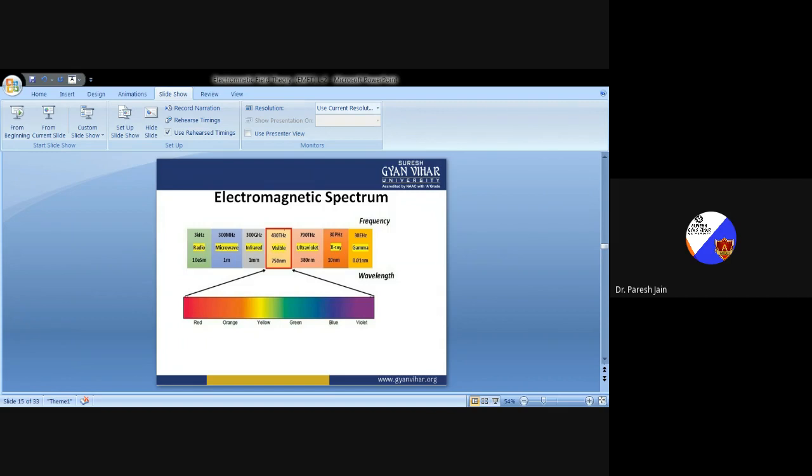From this figure, you can understand that the frequency and wavelength are reciprocal to each other. Also, the product of the frequency and the wavelength provides the velocity of propagation of the wave. The propagation velocity in vacuum or air is around 3 into 10 to the power 8 meter per second. I already told you. Therefore, the lower the frequency, the greater will be the wavelength and vice versa.